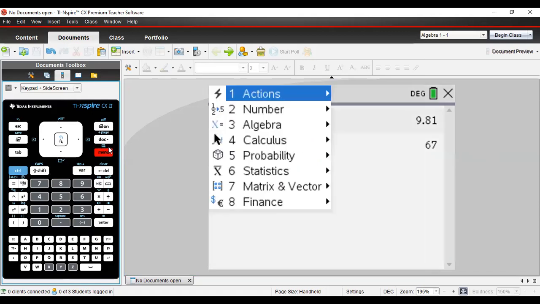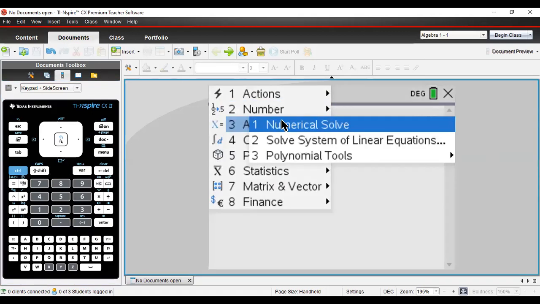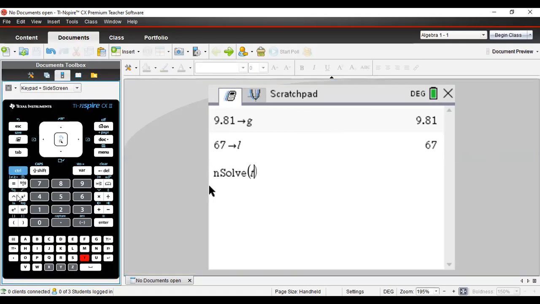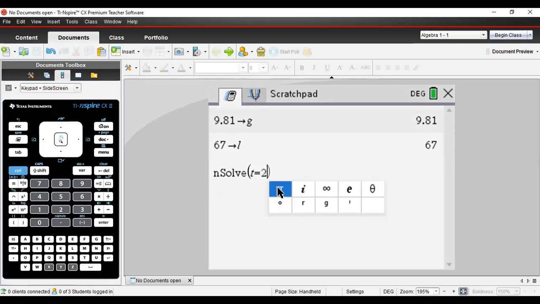So it's menu, algebra, and then the very first one. Then we're just going to type in the pendulum formula they gave us. So it's going to be T equals 2 pi. Here's the pi symbol.